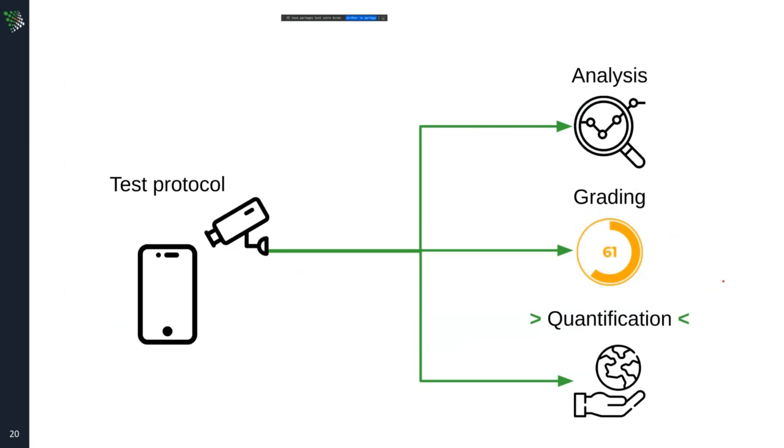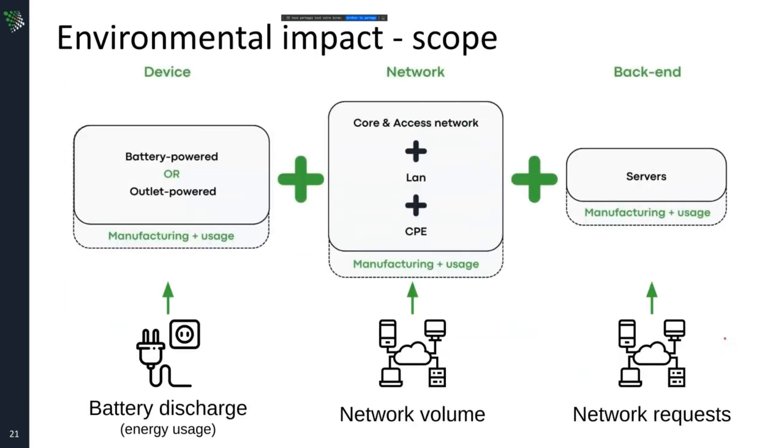And to do that, we use a 3 layers approach. So we estimate the environmental impact of the device, the network, and the backend. And we have different layers with different components to do that. So we have different formulas depending on if the device is battery powered or outlet powered.